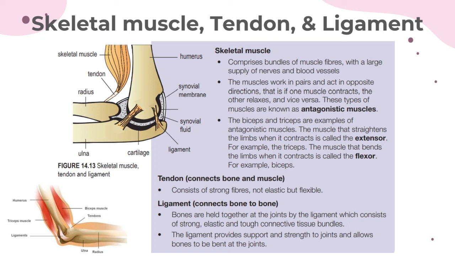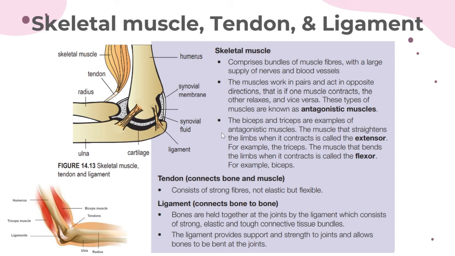When one muscle contracts, the other will relax. For example, this is our bicep, this is our tricep. If the tricep contracts, the bicep will relax. That is referred to as antagonistic muscles.